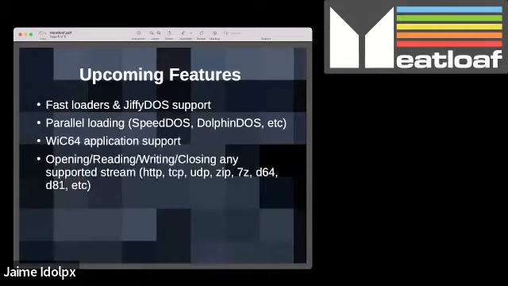I've been in contact with Kiwi, and I'm also going to take some of the Meatloaf code and add that to the WiC64 project. I'm going to work with him, and that will give the WiC64 project the ability to work with D64 files and all the different file formats as well.